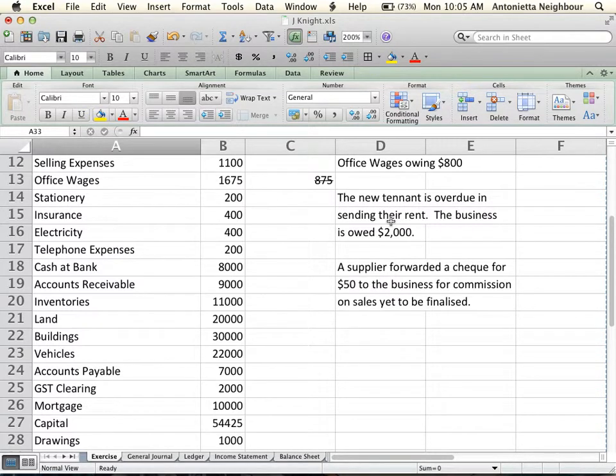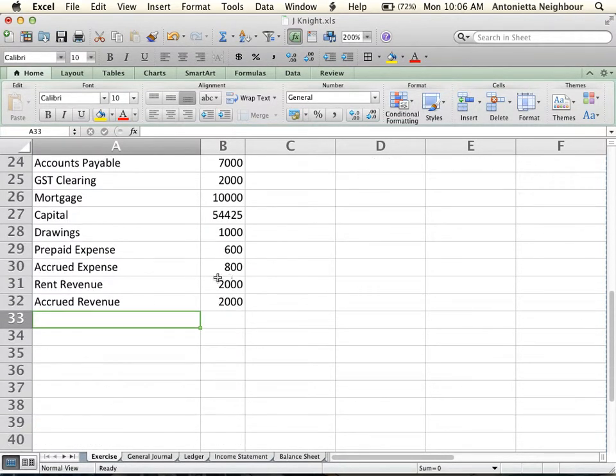We only ever record the relationship with that person when we receive that rent, and our rent revenue account will increase. We don't record the fact that they owe us, other than at balance day, when we are making sure that all expenses and revenues reflect the amount accrued or earned. So that revenue's been earned this accounting period, so we need to raise that revenue by $2,000.